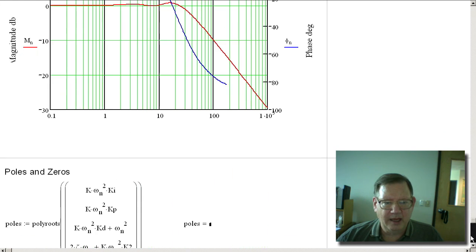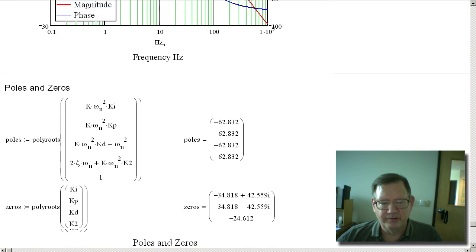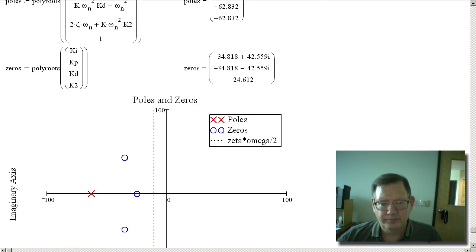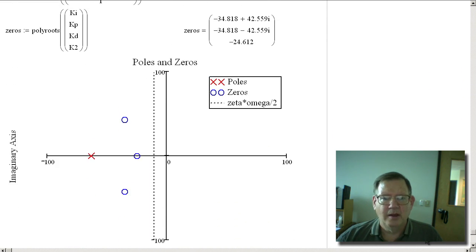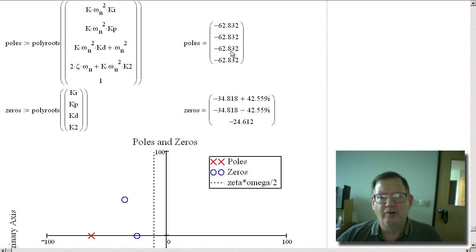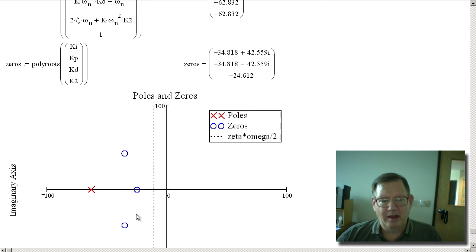Let's take a look at the poles and zeros. And you can see that all four poles are located at, well, it's 10 hertz or 62.832 radians. So you're going to get a much faster response.